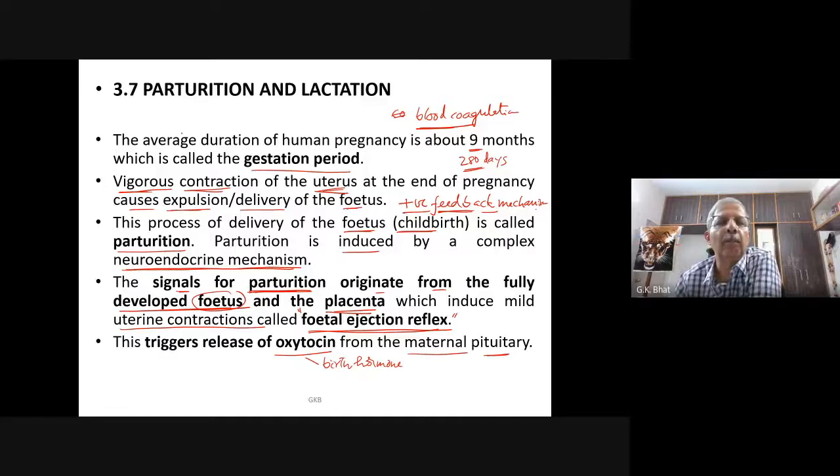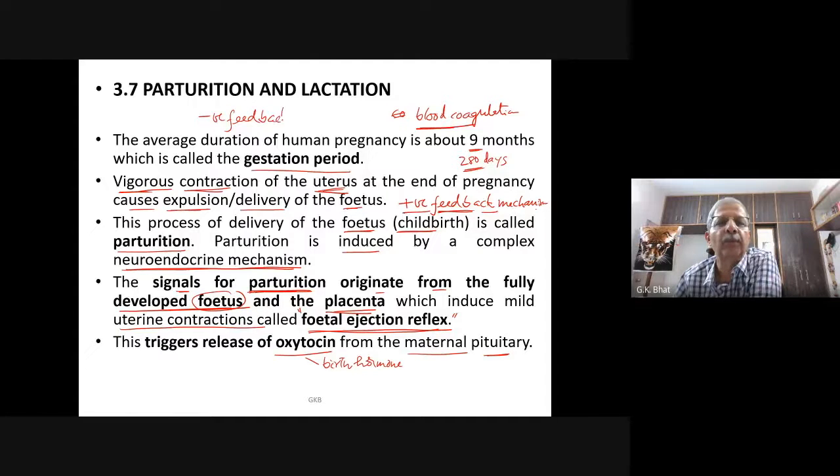And whenever the blood sugar level increases soon after our meal, the islets of Langerhans produce insulin hormone. The moment insulin hormone is produced, the blood sugar level comes down. And that is an example for negative feedback mechanism. There are two types of feedback mechanism.